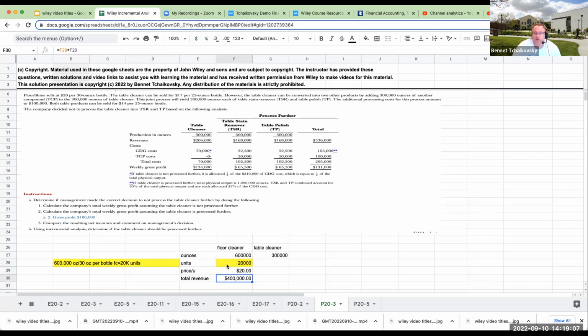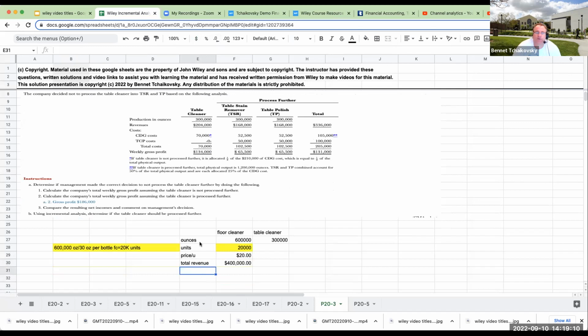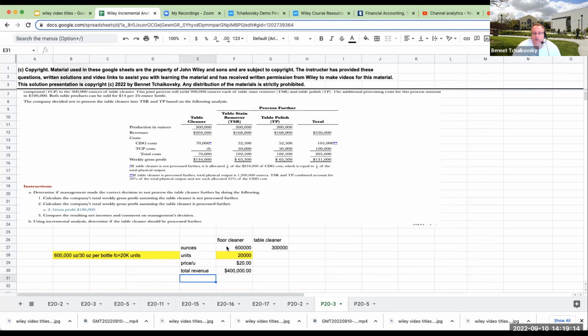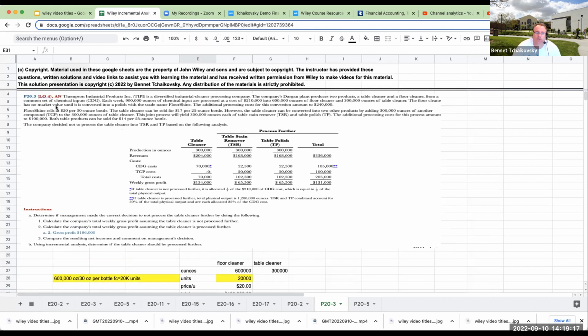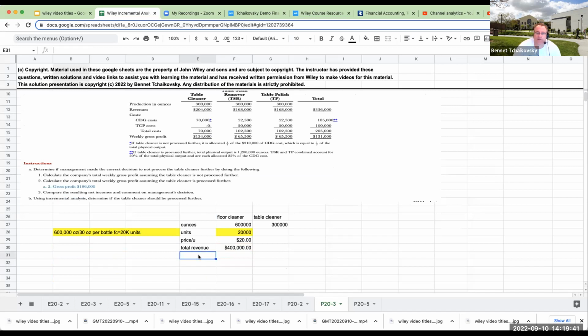Once I have this, what I also need to understand are the costs for the floor cleaner, which is basically Floor Shine. Reading through this carefully: two products, a table cleaner and a floor cleaner, from a common set of chemicals. Each week, 900,000 ounces of chemical input are produced at a cost of $210,000.